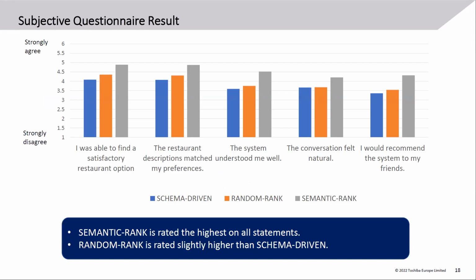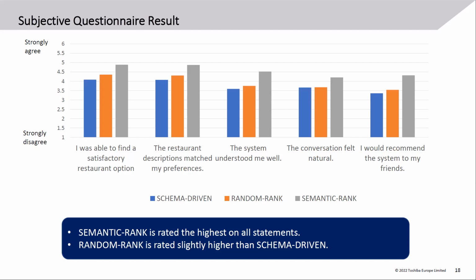We ask the users subjective questions to judge. We asked them 5 subjective questions: whether they were able to find a satisfactory restaurant, whether the description matched their preferences, whether the system understood them, whether the conversation felt natural, and whether they would recommend the system to friends.